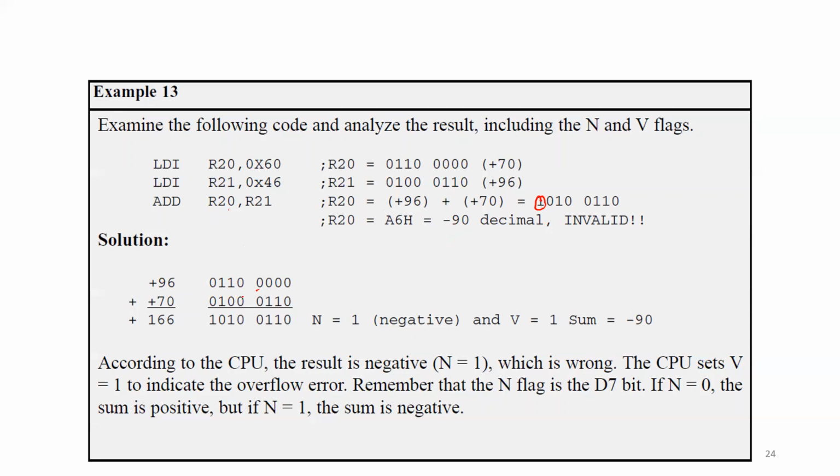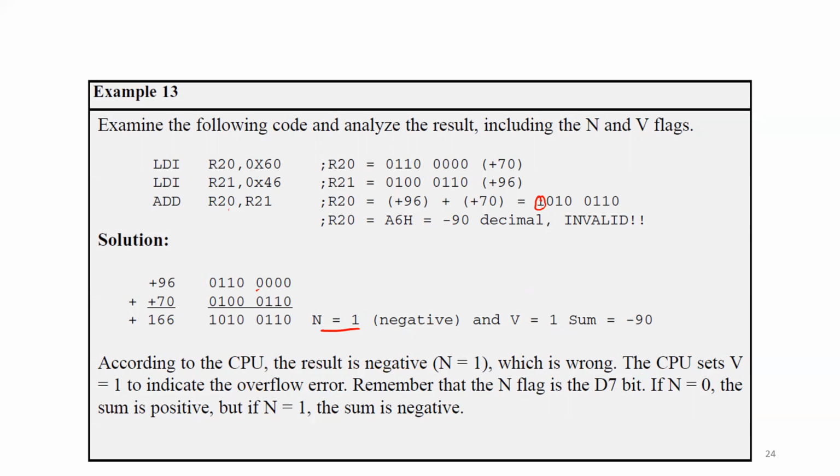When you make the addition, you will find N equals 1, this is negative, and V also equals 1. Why does V equal 1? According to the CPU, the result is negative, which is wrong. The CPU sets V equals 1 to indicate the overflow error.